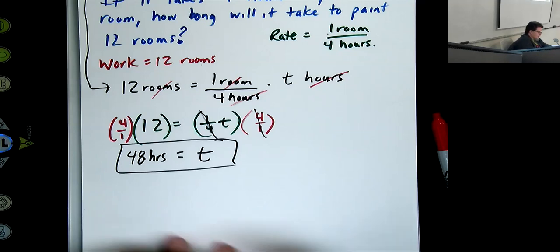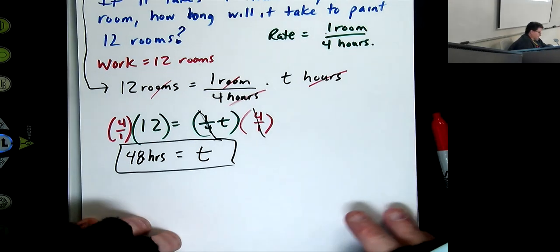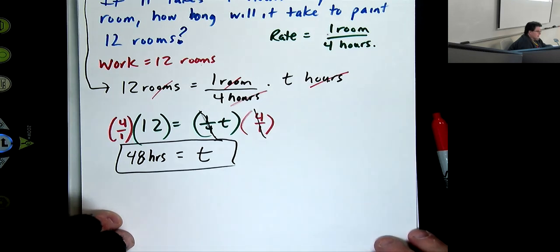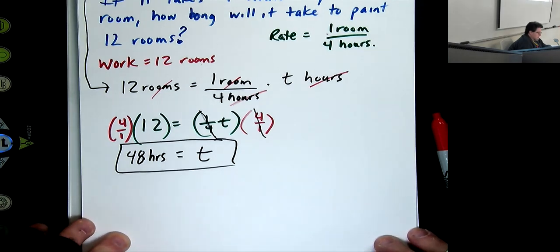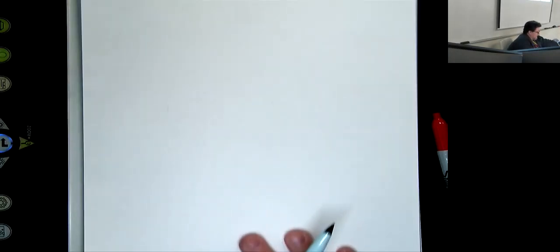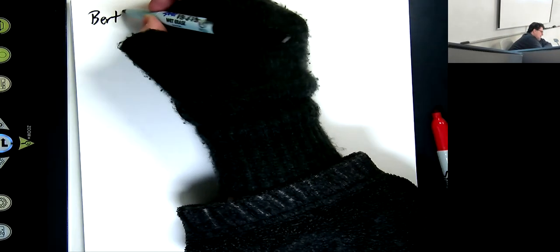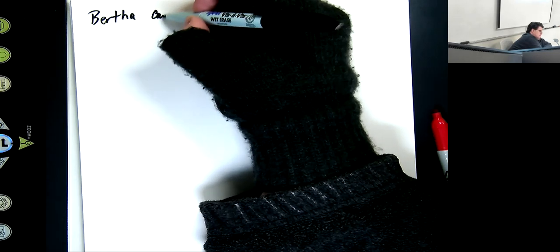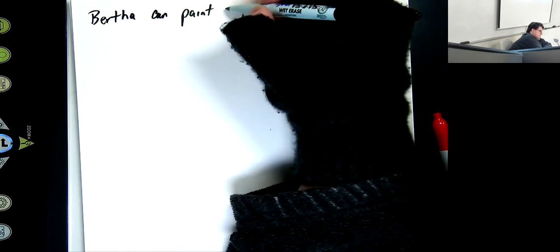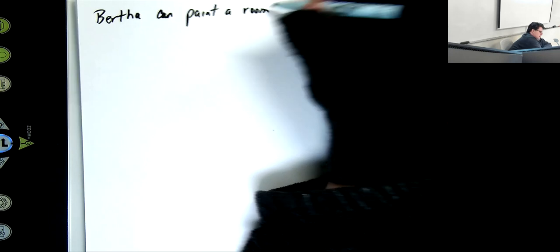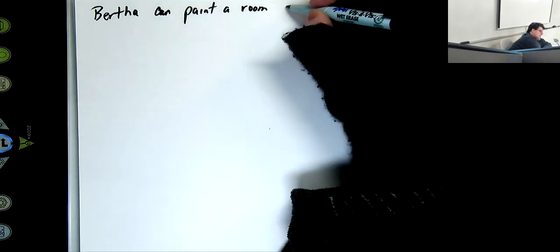This is step 7 today. Next example. Bertha can paint a room in 2.5 hours. Let's say 3 hours.